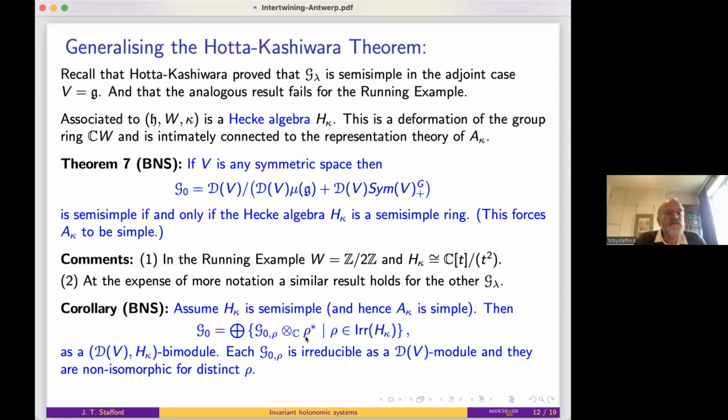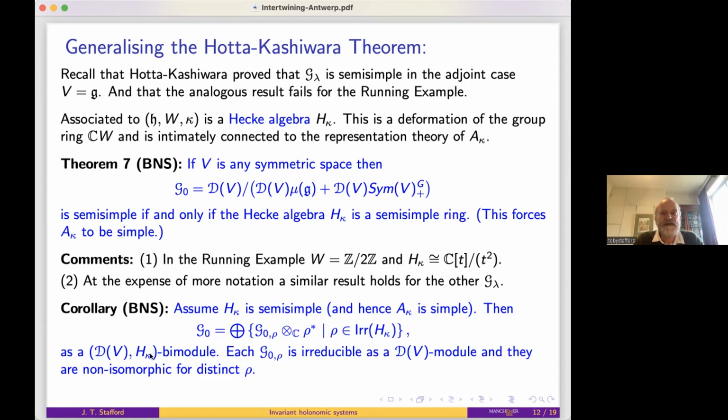And each of those appears dimension of rho times. And if you package them together like this, you can even think of it as a bimodule over D(V) and H kappa. So that gives you a quite satisfactory analog of the Hotta-Kashiwara theorem.